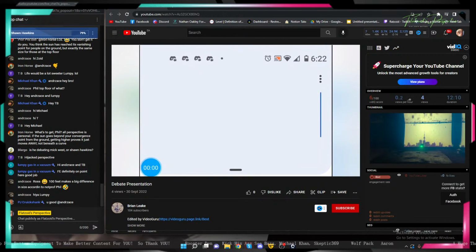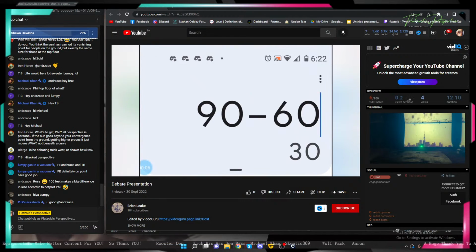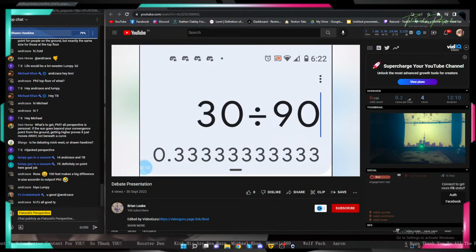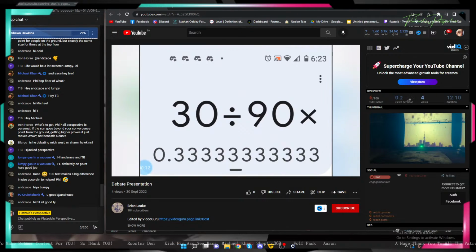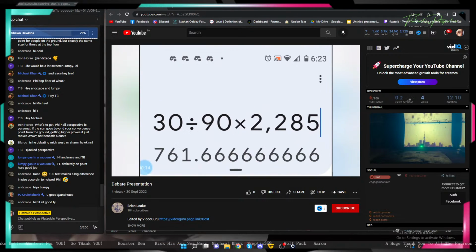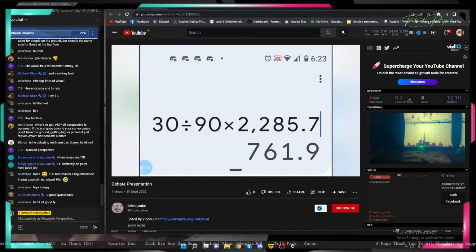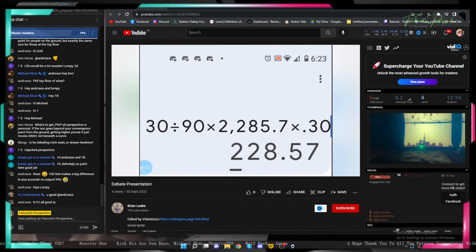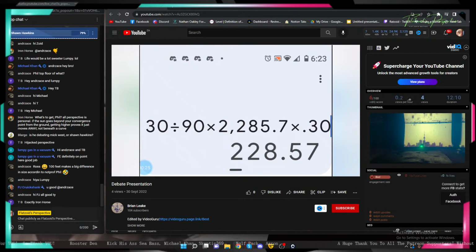So we're going to go 90 minus 60, which was 30. So 30 over 90, which is 30 divided by 90, times our calculated distance, D, which was 2285.7, times 0.30, minus 1/2 A, which is 15.